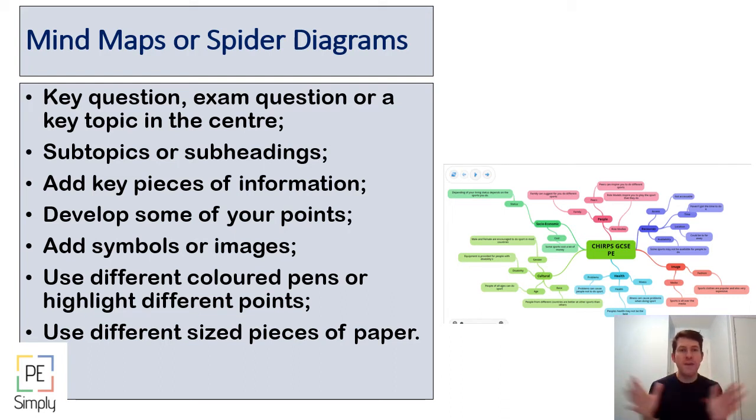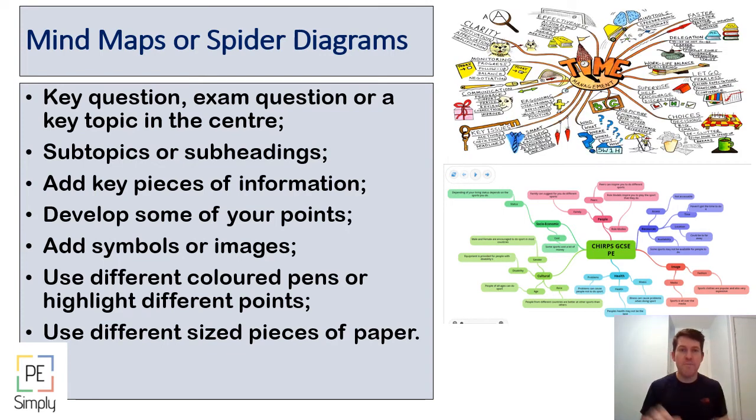Then from there, you branch out maybe subheadings and subtopics, and then piece out further information so it starts to spread within the diagram, where you can include symbols, pictures, and so on. Again, this can sometimes help your memory encode and recall by thinking about those pictures, keywords, and key headings. Sometimes using different size paper can also help with this type of method.